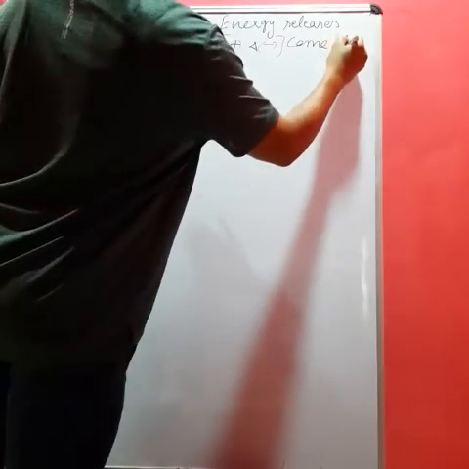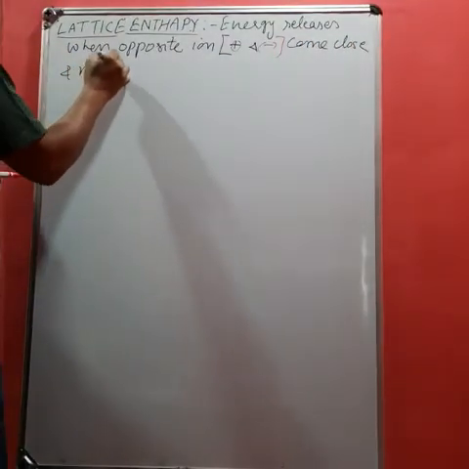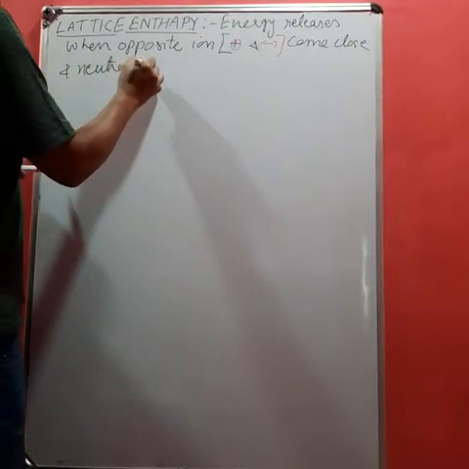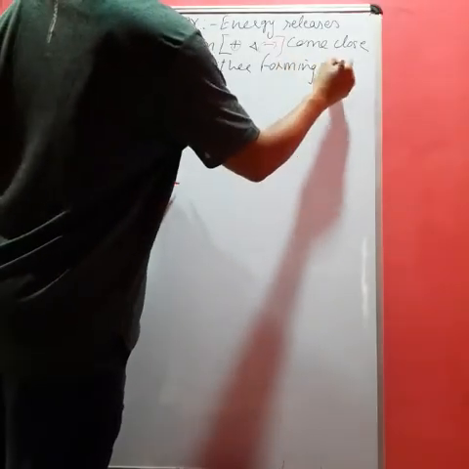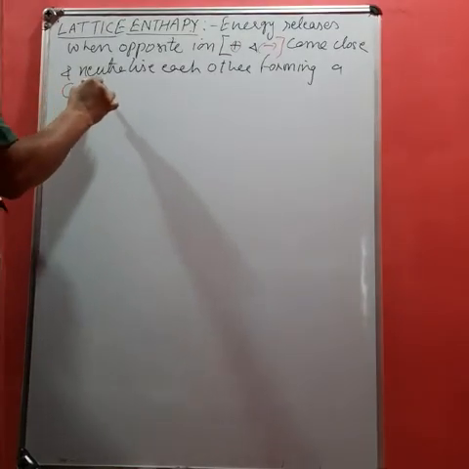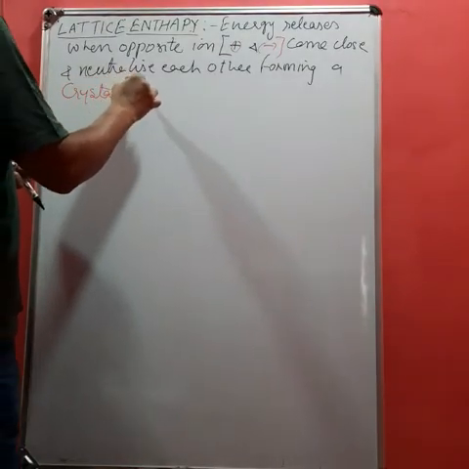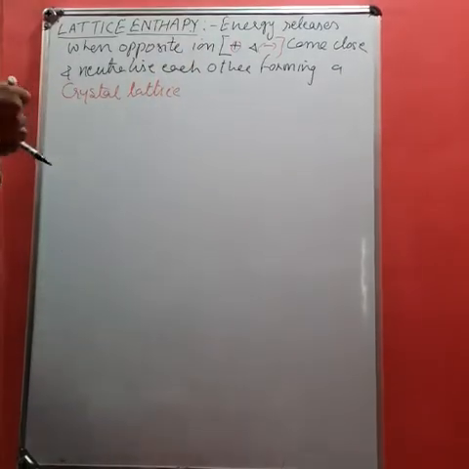Plus and minus come close and neutralize each other, forming a crystal lattice, okay, called lattice enthalpy.